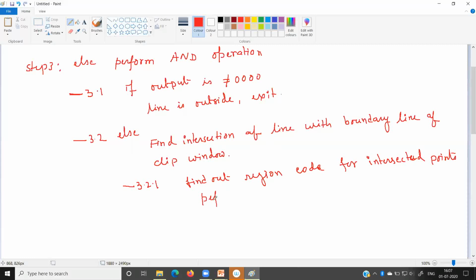Perform the AND operation. If the output is not equal to 0, that means a non-zero output, then the decision is that the line is outside.